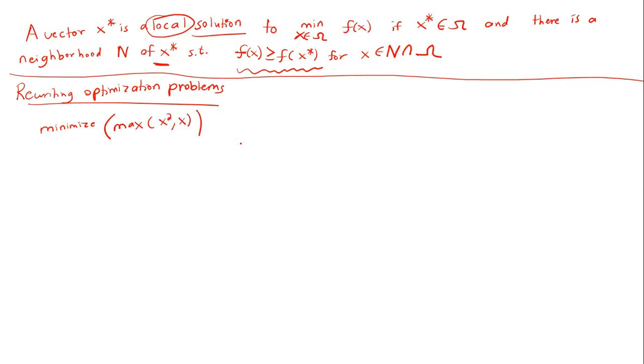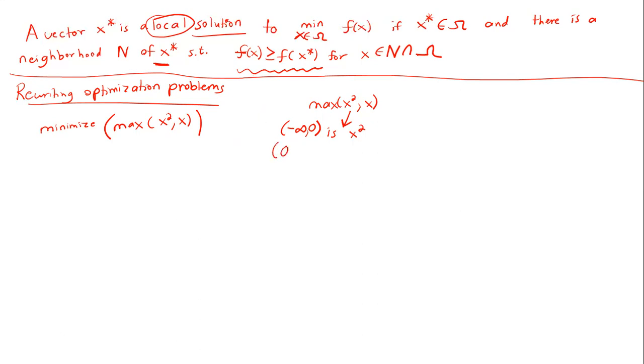Now, this function on its own, the maximum between x squared and x. If I look at negative infinity to 0, then the maximum value of this function is going to be x squared, because we can see here that x squared is going to outdo x between negative infinity and 0 in terms of making this bigger.